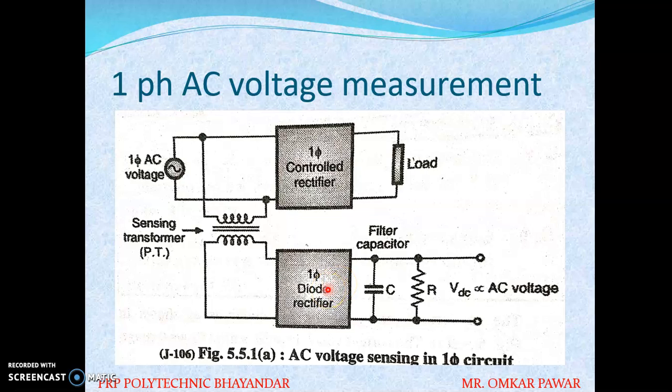In order to get pure DC we use a filter circuit, that is a capacitor, and that DC supply is given to the resistor, and the voltage across the resistance is directly proportional to that AC voltage. So we use a step down transformer here.